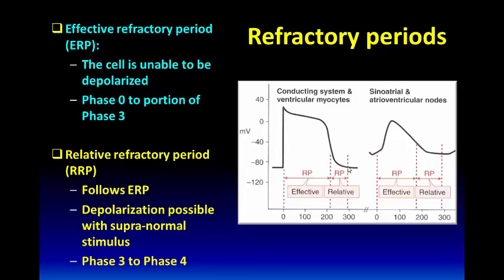Whereas in the atrioventricular nodal cells, we do have refractory periods because the AV node responds to the stimuli from the SA node. So similarly, we have effective refractory period and relative refractory period. So I would rather cancel the sinoatrial word here and just keep atrioventricular node.